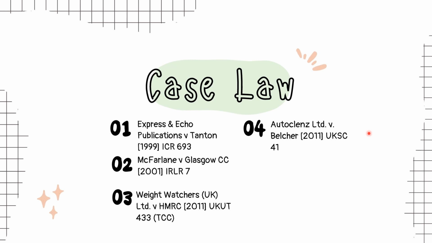AutoClines failed on the first instance, and it was held that they were indeed workers. On appeal, Lord Clark said the relative bargaining power of the parties must be taken into account in deciding whether the terms of any written agreement in truth represents what was agreed, and the true agreement would often have to be made from all the circumstances of the case, of which the written agreement is wholly a part.